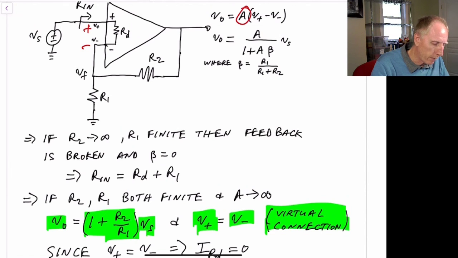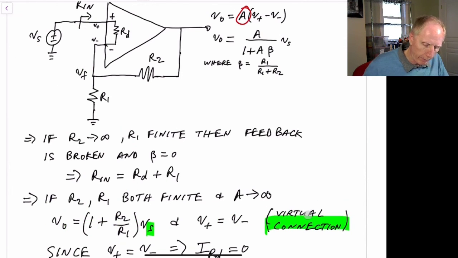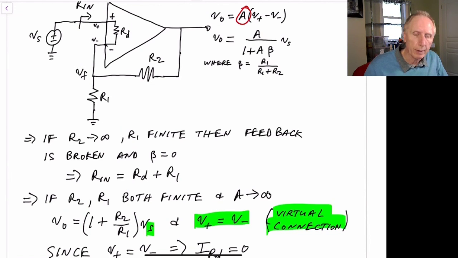In other words, Vs becomes equal to Vf, which means that the voltage from V plus to V minus must be 0. So this virtual connection has made V plus equal to V minus, and that's due to feedback in this op-amp circuit as the gain A goes to infinity.